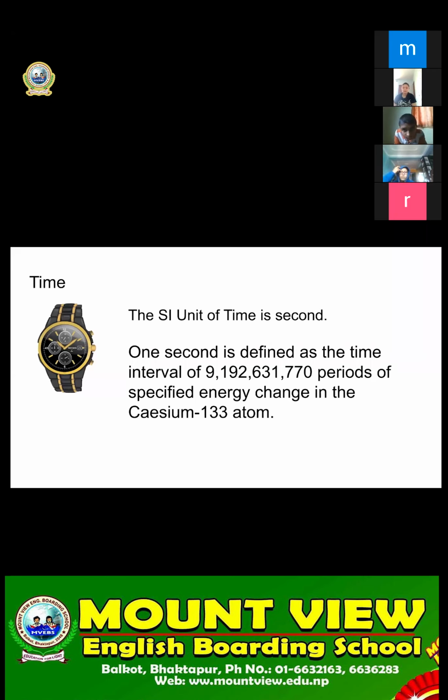So 1 second is defined as the time interval of 9 billion 192 million 631,770 periods of specified energy change in the cesium-133 atom. This way, we can define 1 second time.